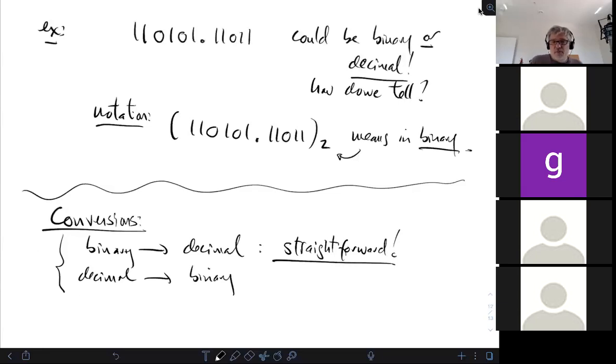Because what I'm doing when I'm converting from binary to decimal is just reading the number in binary and writing out what it means, right? But from decimal to binary is a different thing, and I don't want to do it now. I'm going to do it next time. Okay, but let's just take a look, just to review one last example from binary to decimal.